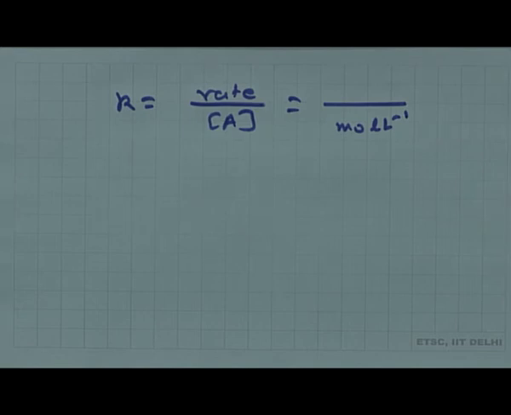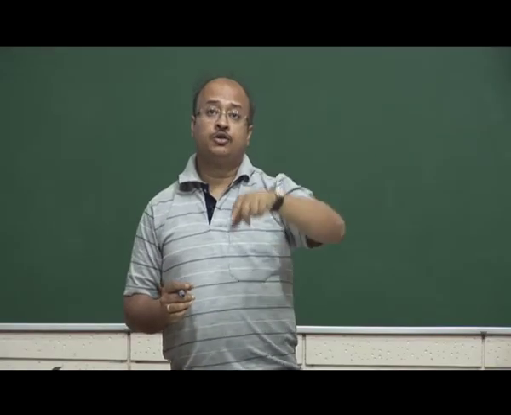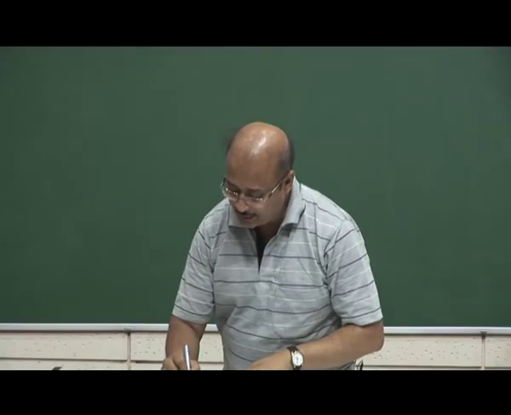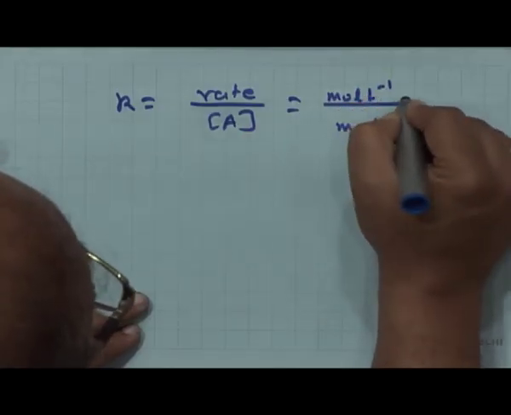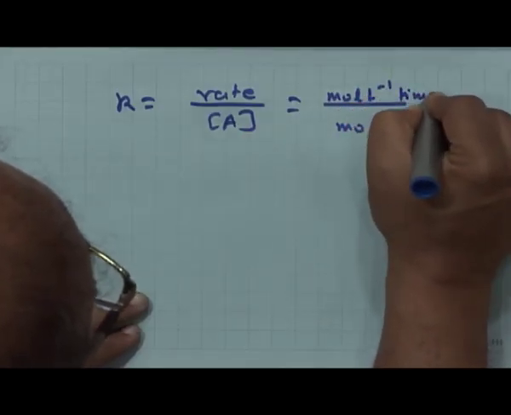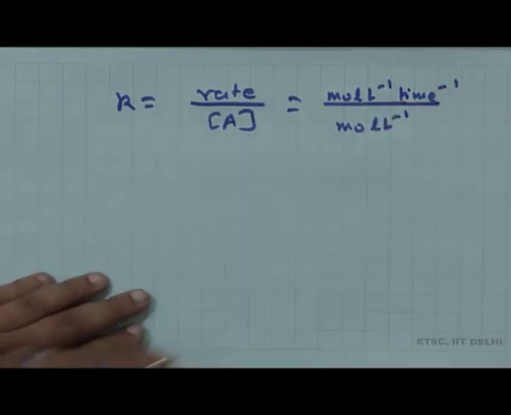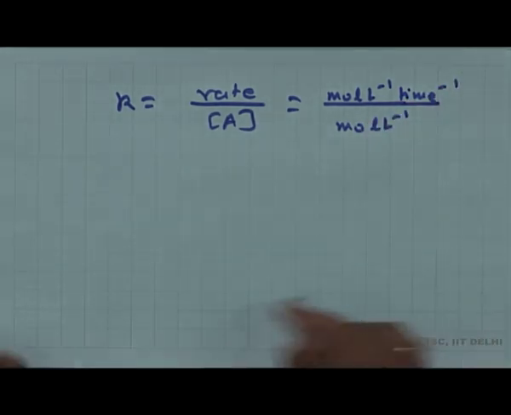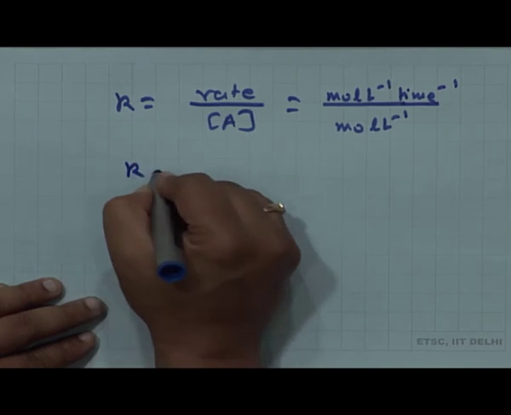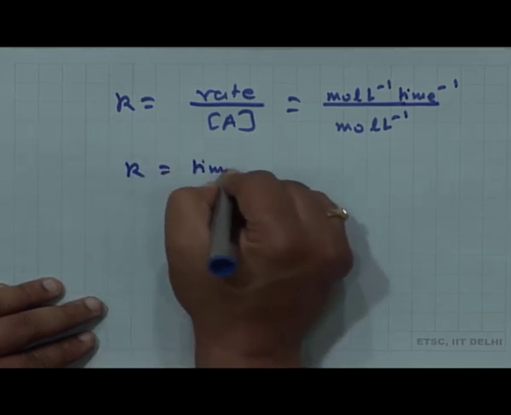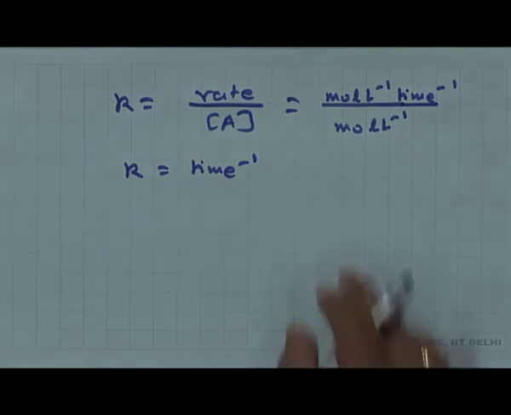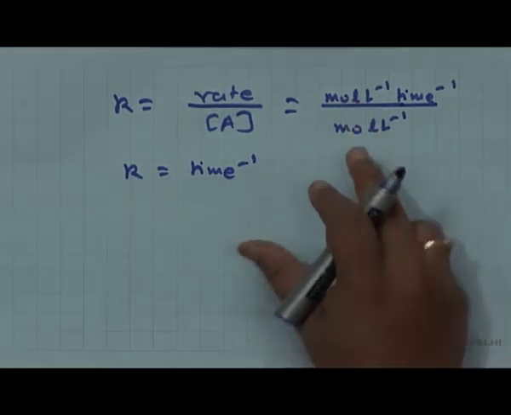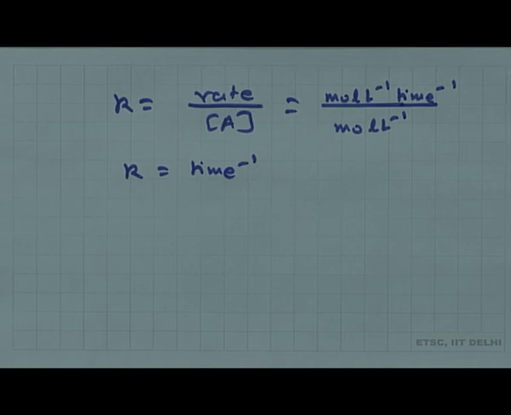Now, remember rate was concentration over time. So, I will be writing moles liter inverse, then time inverse, okay, and hence the unit of K will be that of time inverse, right, because these moles per liter cancel from the numerator and the denominator. So, the unit of K is time inverse.